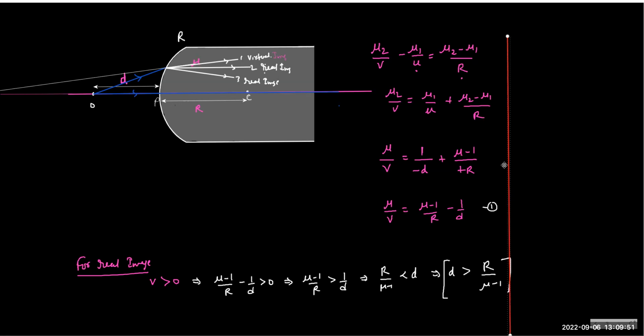So when will the image be formed at infinity? When the light ray after refraction becomes parallel to the principal axis.